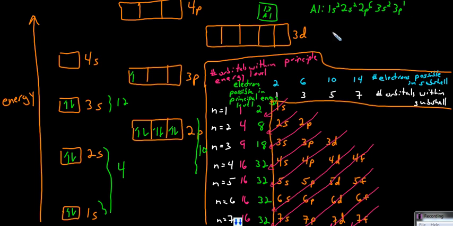Now, on the test, you will not have this whole diagram written out for you. So you'll need to remember which subshells to fill first, how many orbitals are within those subshells, and how many electrons you can fit into those subshells.